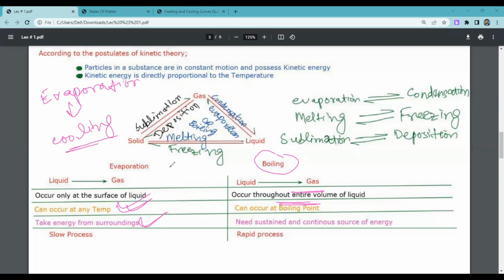This is a liquid, and the particles with high kinetic energy leave the surface of the liquid. Therefore the energy of this system decreases, and energy from the surroundings moves into the system. That's why the temperature of the surroundings decreases and cooling is produced.